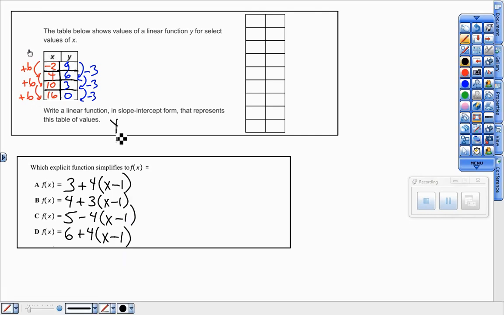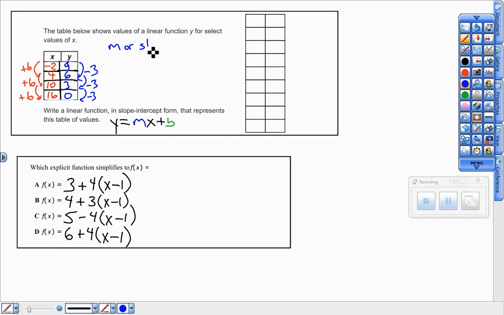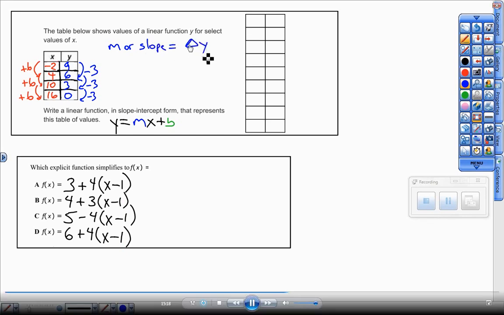If I take that and try to write it in y equals mx plus b, first thing I want to do is find my slope form first, which is m. So m, or slope, remember, is rise over run, or the change in the y blue numbers divided by the change in the red x numbers, change in y over change in x.